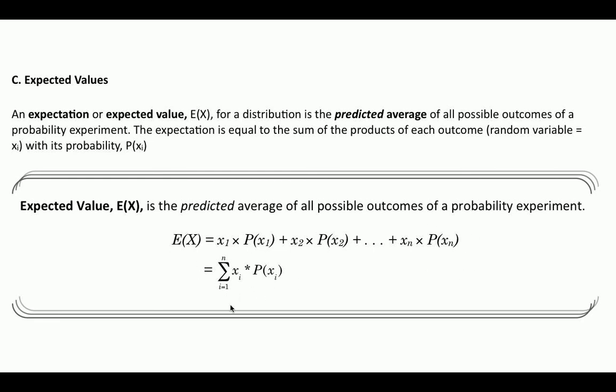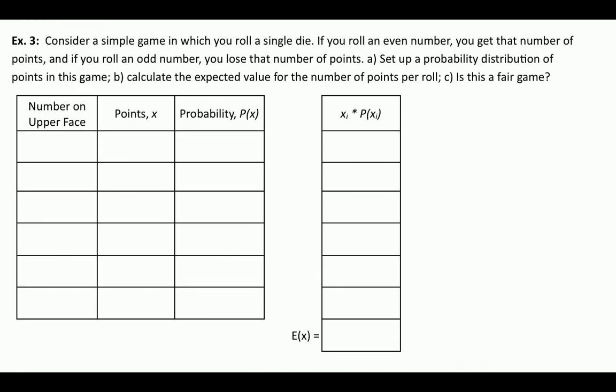Of course we can recognize this in summation notation, but really it's just the predicted average of all the different outcomes. It's a little bit difficult to visualize without an example, so let's take a look at one right now.